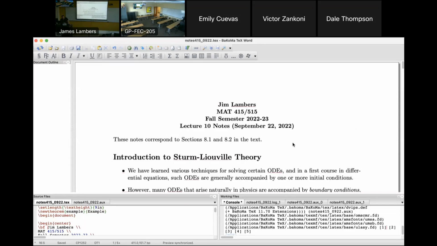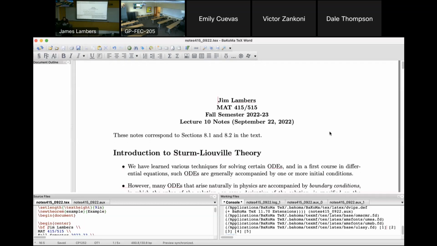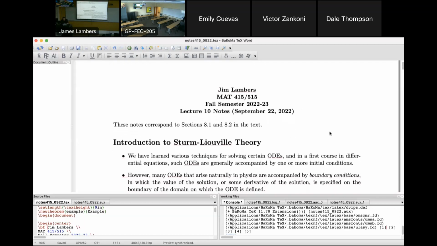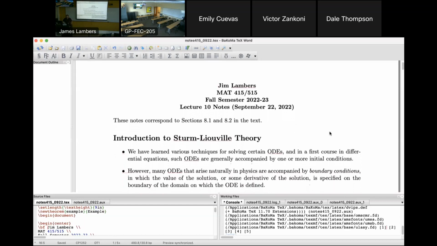So here we're going to learn about basics of eigenvalue problems involving linear differential operators in one space dimension. And that's the beginnings of Sturm-Liouville theory. So what we're interested in are ODEs that have, instead of initial conditions like you're accustomed to from your first ODE class, boundary conditions.